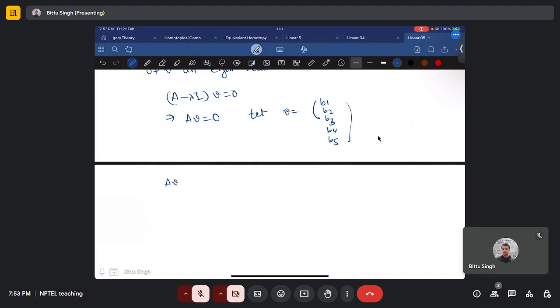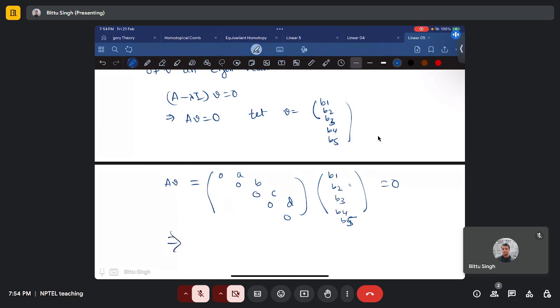A times V equals A, which takes the form where all are 0, and above the diagonal there are non-zero entries A, B, C, D, and all the rest are 0, times B1, B2 and so on. So we are solving A times V equal to 0.